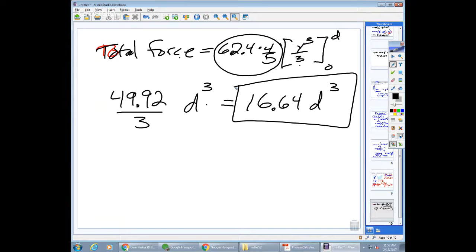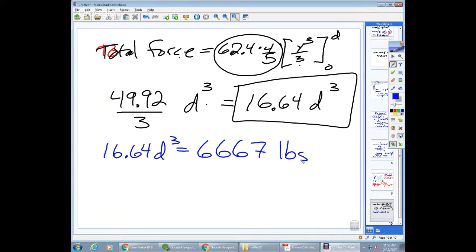Now, we can't let the force exceed 6,667 pounds. So if we set that equal to 6,667 pounds, that will tell us what the depth we can get away with is.